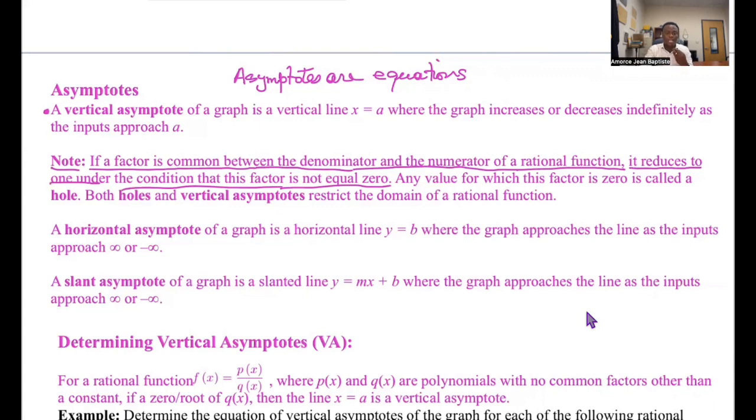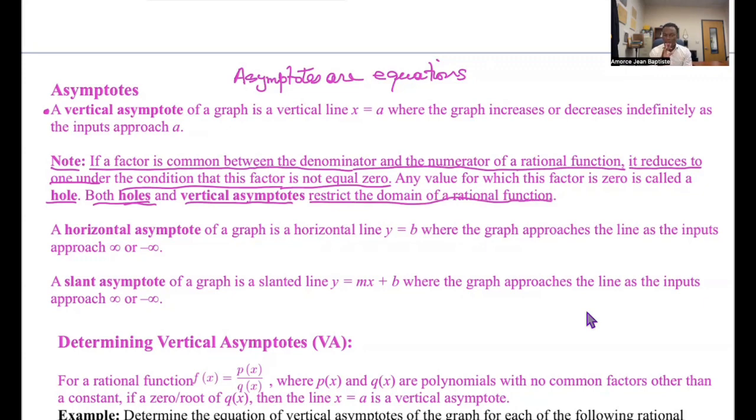And if you consider the value that would make this factor equal 0, then this would be called a hole in the graph, a hole. But both holes and vertical asymptotes are restricted from the domain of a rational function.